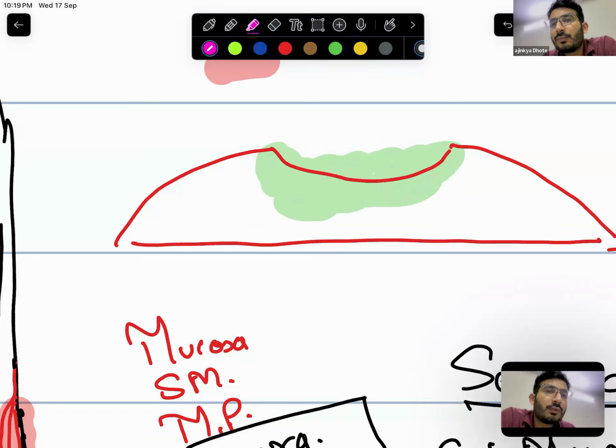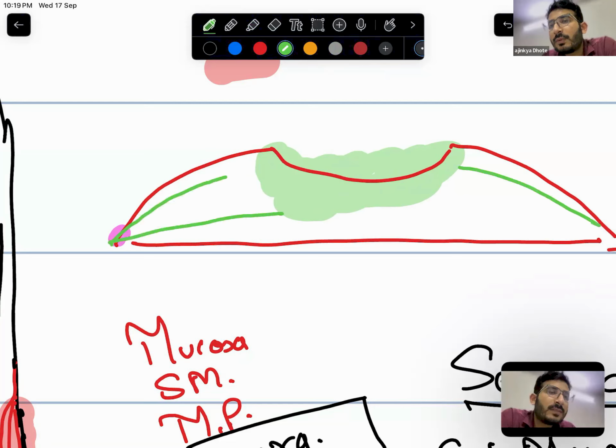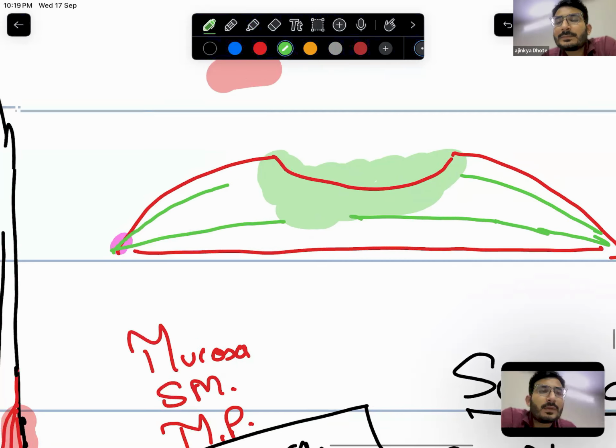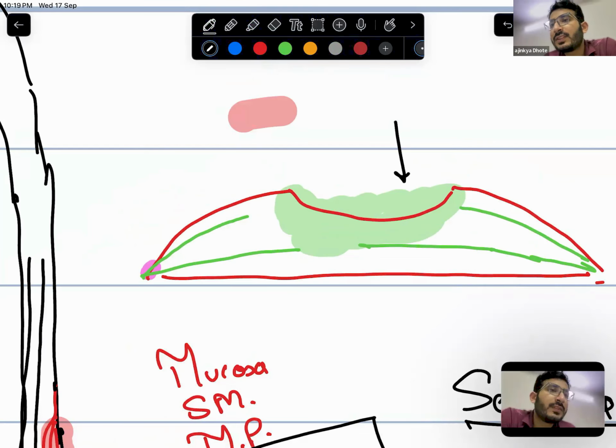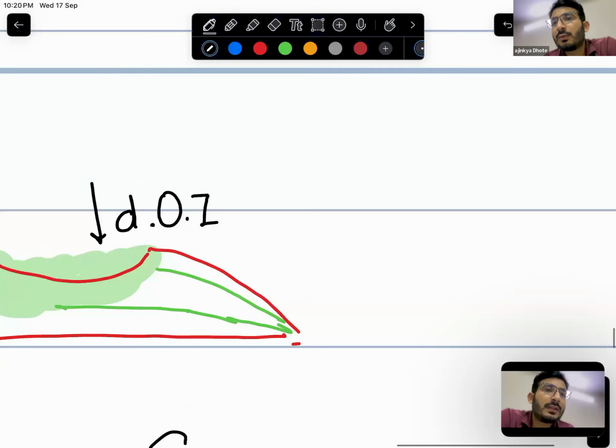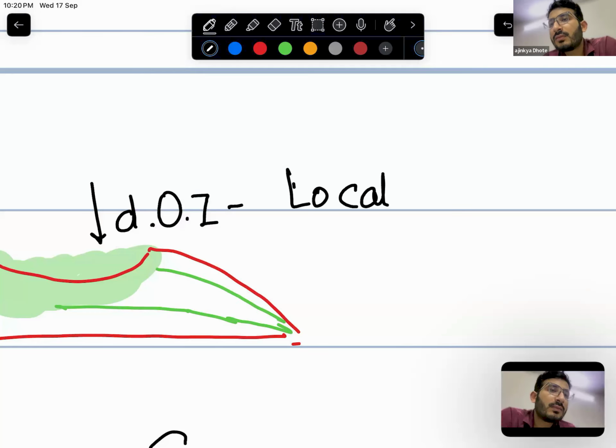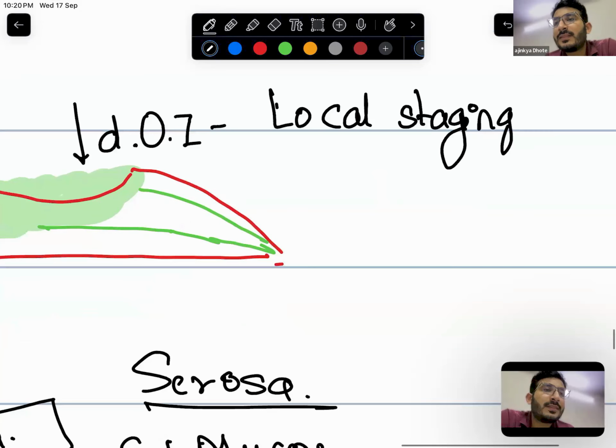Is it just the mucosa, or the submucosa, or the muscularis propria, or the next layer? So EUS gives you an idea about the depth of invasion, also known as local staging, also labeled as your T staging.